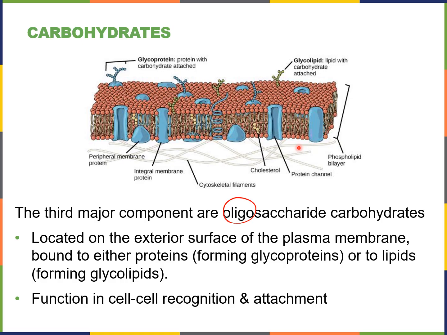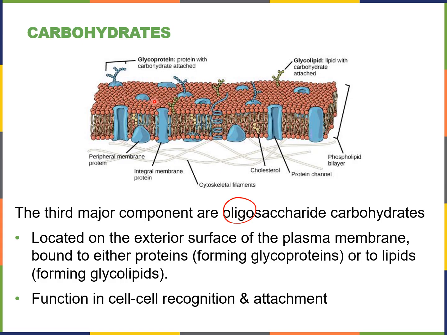For example, you can see in this diagram a glycoprotein. Let me find the glycoprotein right here, and a glycolipid right here. These molecules play a crucial role in cell-to-cell recognition and attachment. A great real-world example is our blood type.